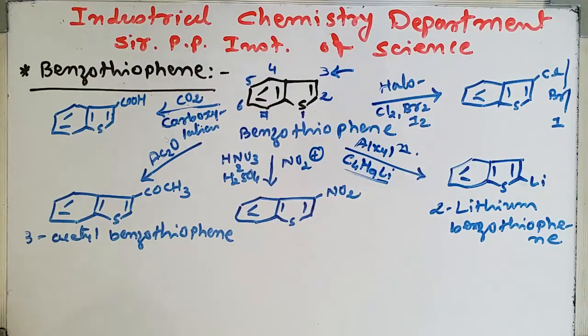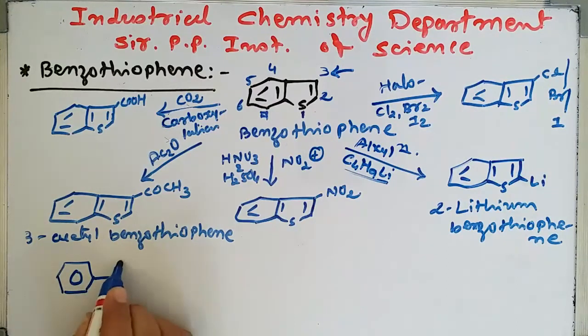And one more important derivative. In benzofuran we saw dibenzofuran, and in this topic benzothiophene we have its very important derivative dibenzothiophenone. It is derived from diphenyl. We have the structure.